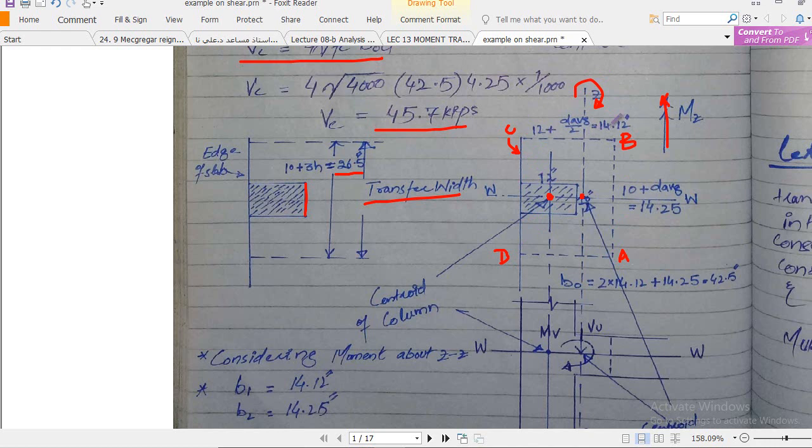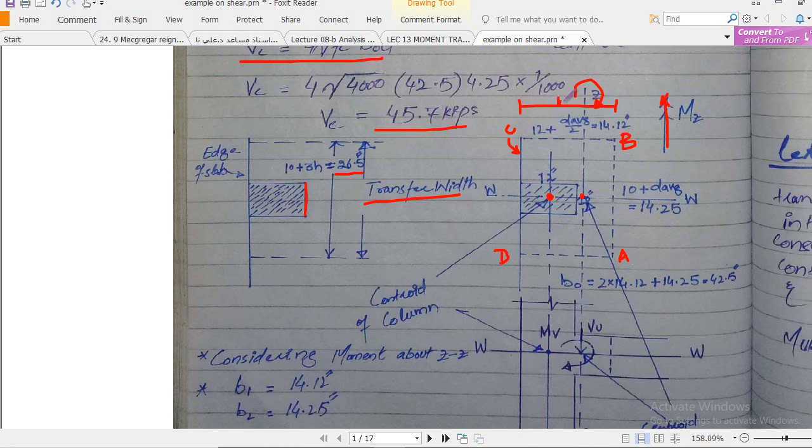Now you see what is my B1 and what is my B2, which is very important, and I already thoroughly explained this for edge column, for corner column, for interior column in lecture number 14. So please watch lecture number 14 to understand what B1 and B2 are.